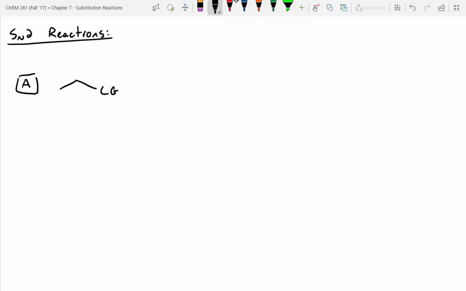And I'm going to use a primary substrate because we know primary substrates are more likely to undergo SN2. And I've got this nucleophile over here. And then let's compare this to reaction B. In reaction B, I'm going to have a leaving group.